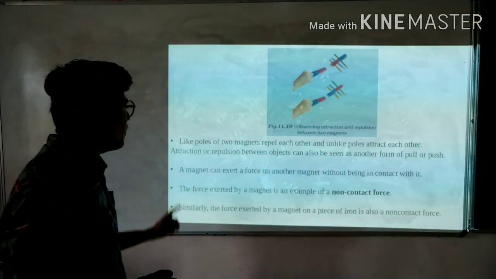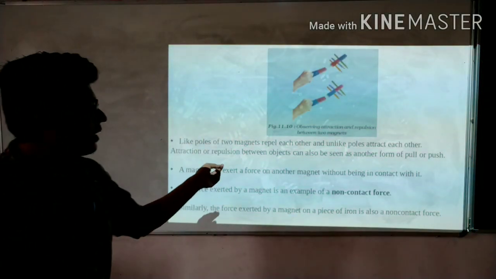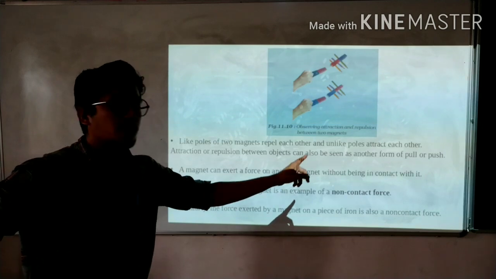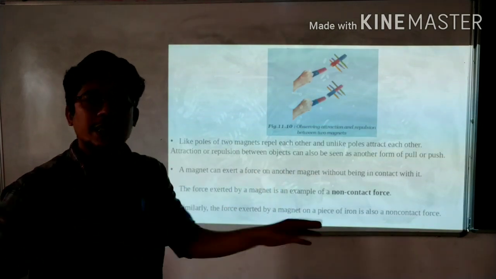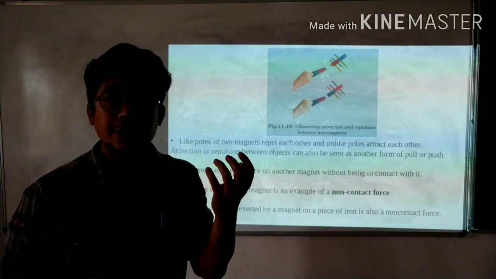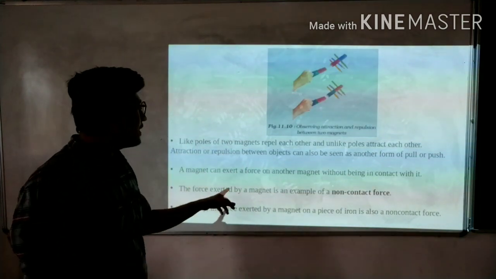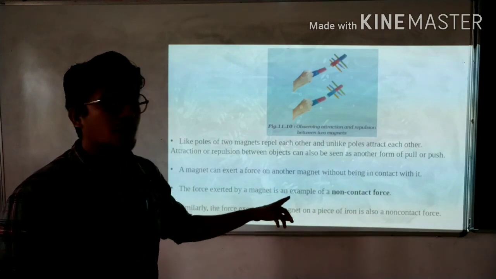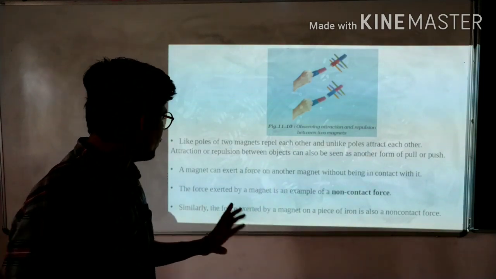A magnet can exert a force on another magnet without being in contact with it. There is no necessity for magnets to be in contact to generate force. The force exerted by a magnet is an example of a non-contact type of force.